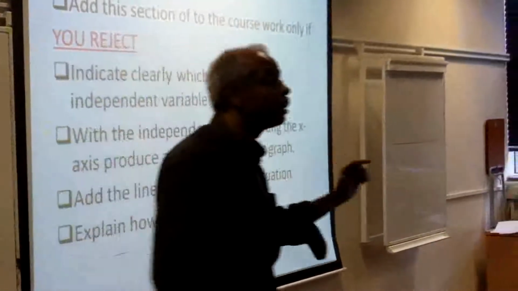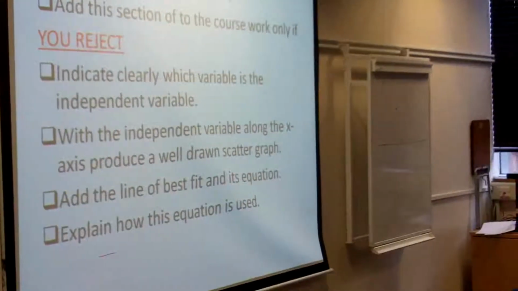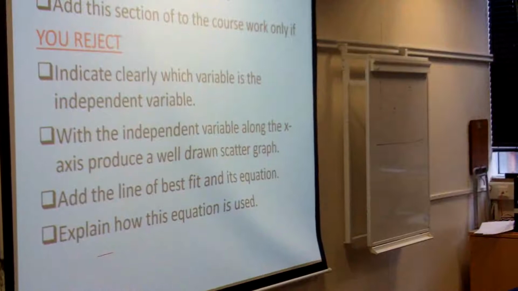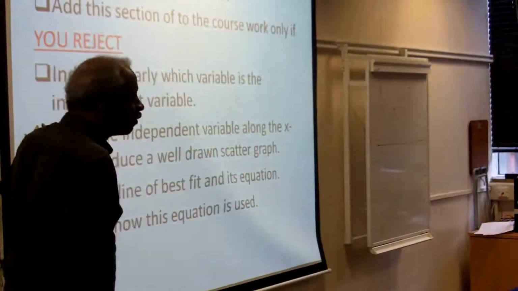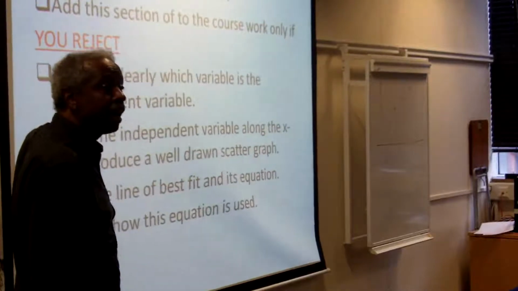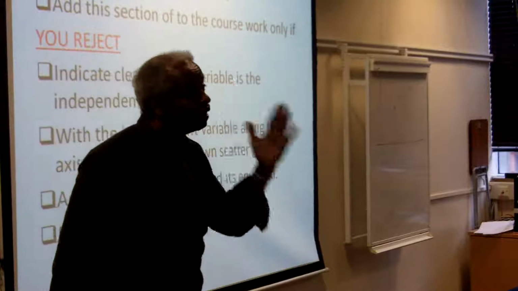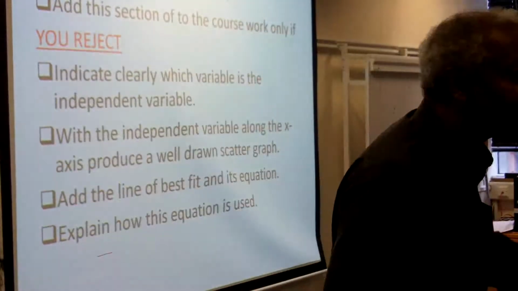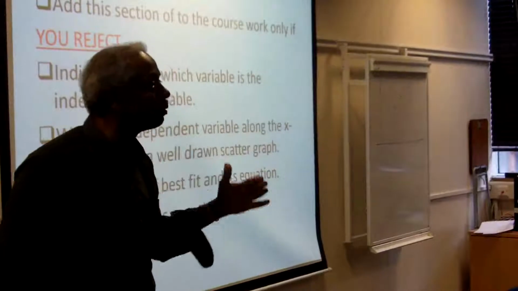Once you have identified the independent variable correctly, then on your scatter graph, the independent variable goes along the x-axis. And of course, you still have to pay attention to the standard of the graph. It still has to be a quality graph, as defined earlier on in one of the slides, meeting 6 requirements.